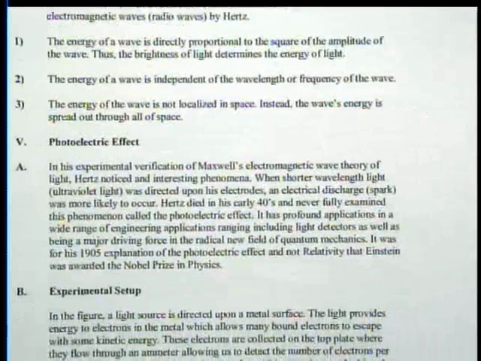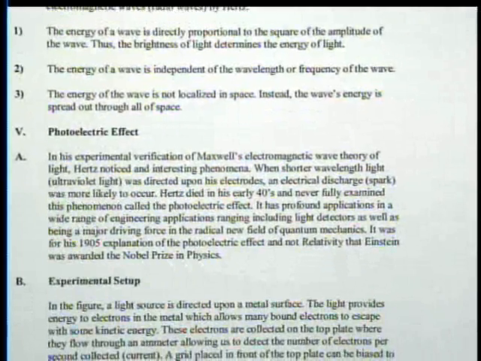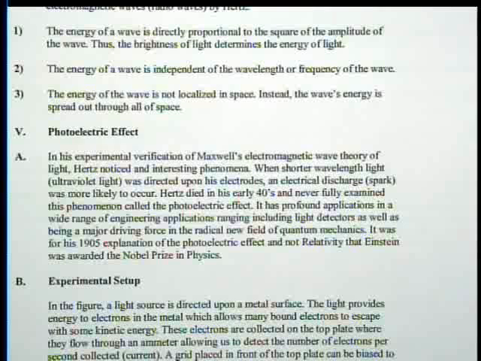Another one is that the energy of the wave is independent of the wavelength or frequency. It doesn't matter how quickly the waves are coming in or the space between the waves in the ocean. It depends on how big the waves are. So if you want to ride a surfboard, you go to Hawaii because you want tall waves.